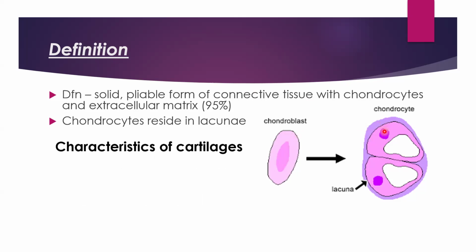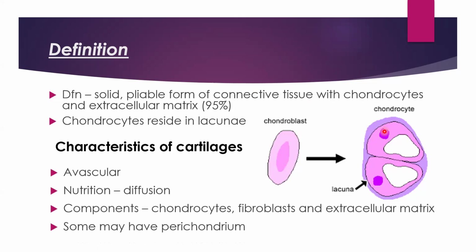What are the characteristics of the cartilages that we're talking about, and where do you find these cartilages? First of all, cartilages are avascular, so they don't have blood vessels going directly to supply the cartilages. In addition to that, these cartilages have their nutrition by diffusion. Given the fact that they are avascular, they will receive nutrients via diffusion.